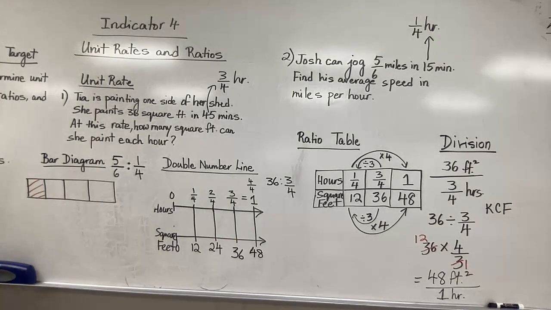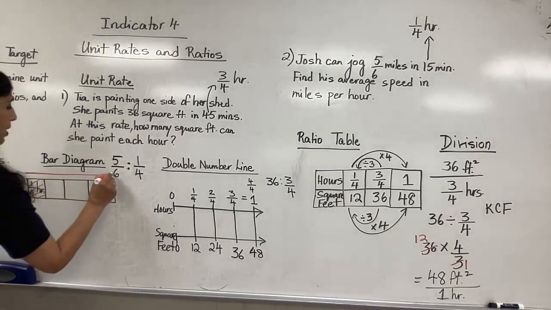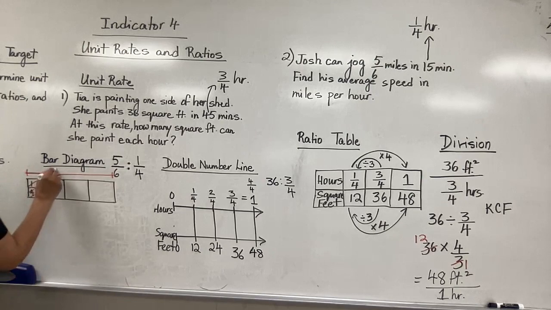And let me write it here. This is 1/4 hour, okay? And we need to find how much in this entire 1 hour, because we are finding unit rate, all right?